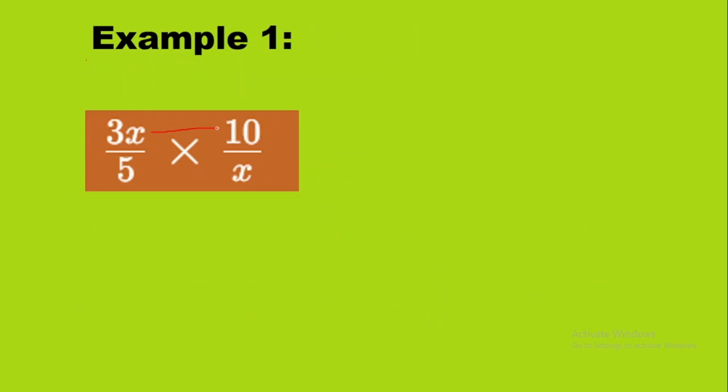So we'll go back to this example right here. We'll have 3x multiplied by 10, and we'll have the denominators multiplying each other. So numerator times numerator, that would be 3x times 10. What you do is multiply the numbers with each other. So you have the number 3 multiplying 10, that will give you 30.